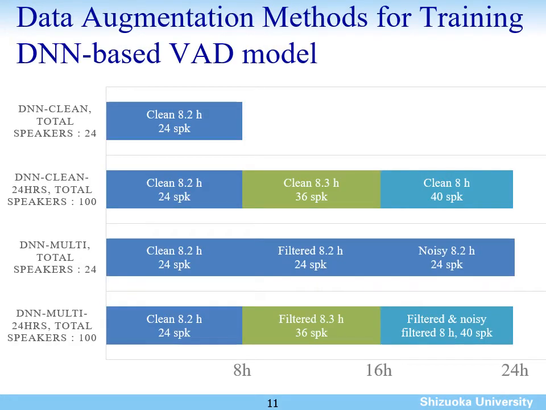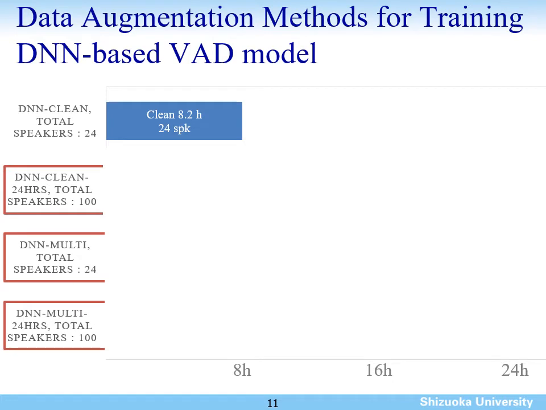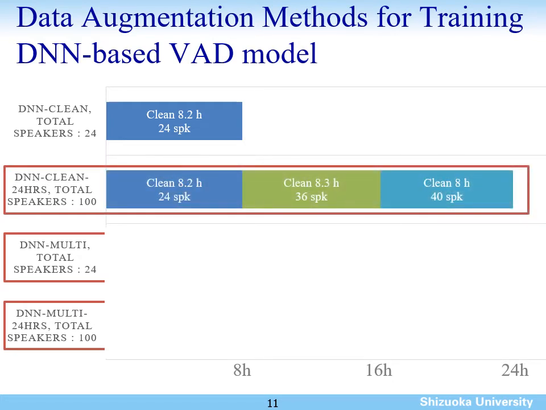Now, I will discuss the data augmentation approaches that are proposed in this research. First, I will describe how the training data is augmented using clean data only. We will call this dataset DNN Clean 24 hours, again DNN Clean, that uses minimal clean data to train DNN.